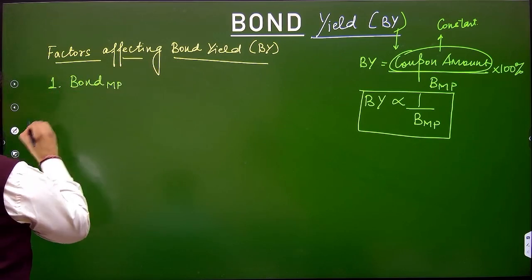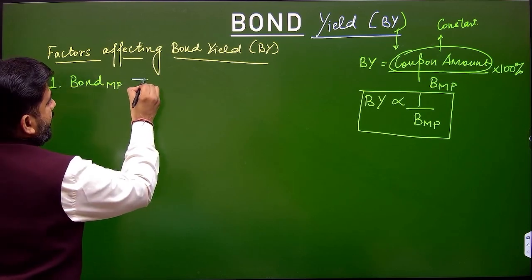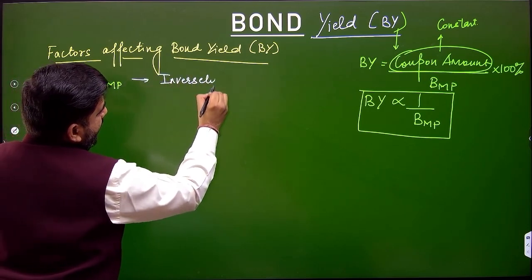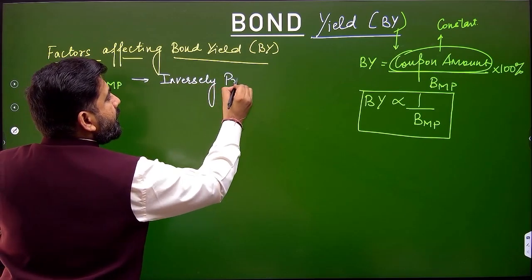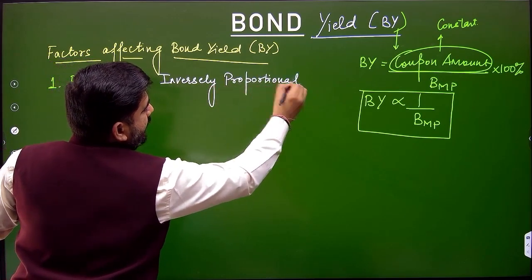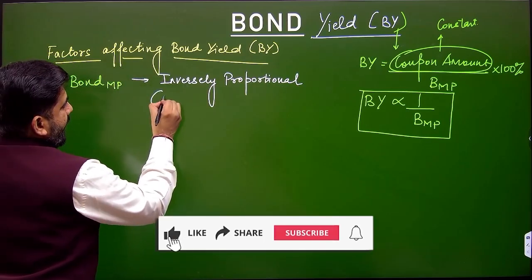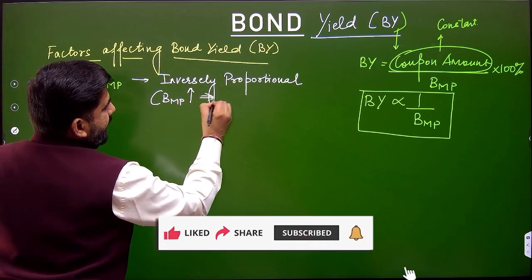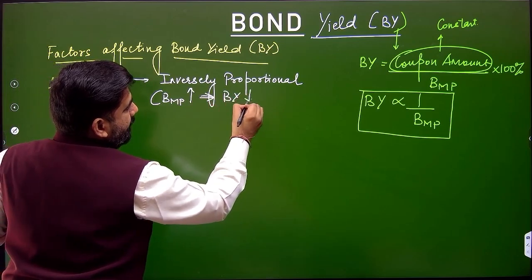We know bond yield is inversely proportional to bond market price. We have seen that. So that means if the bond market price increases, this will lead to a decline of bond yield.